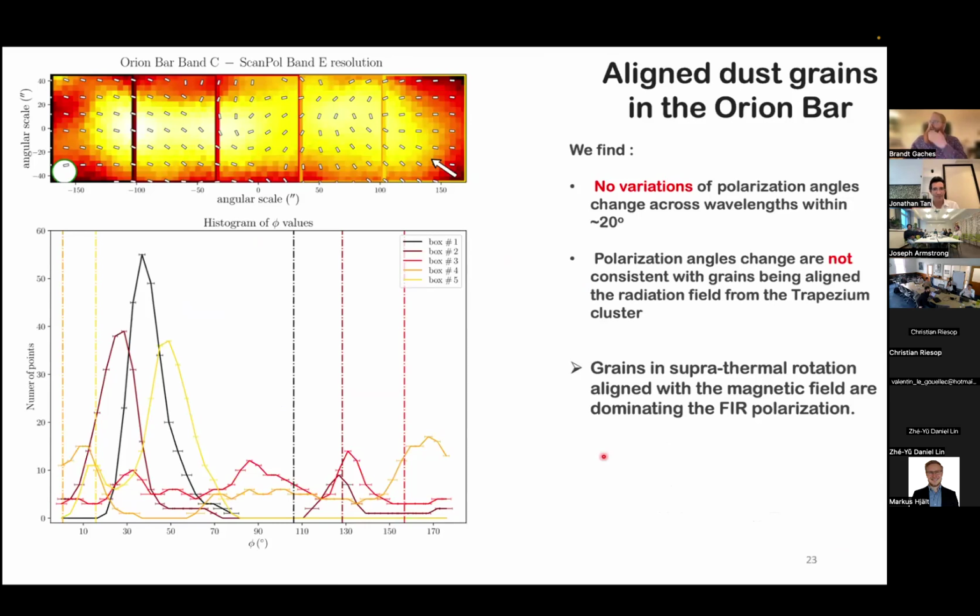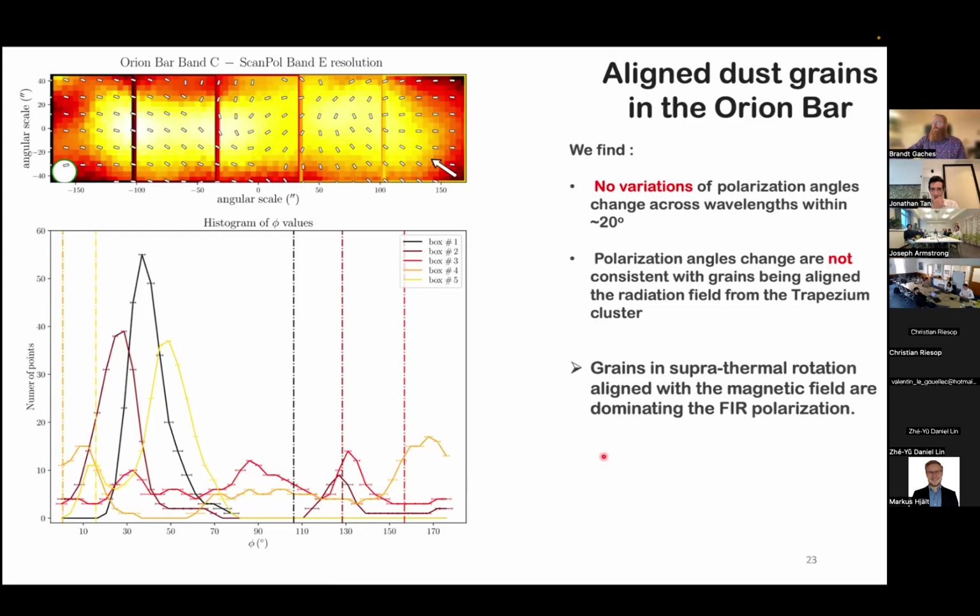So yeah, in this study, we wanted to quantify the fragmentation of dust grains, but also we wanted to see if the grain alignment was the same in heavily irradiated environments. Basically, it was a grain alignment mechanism study.